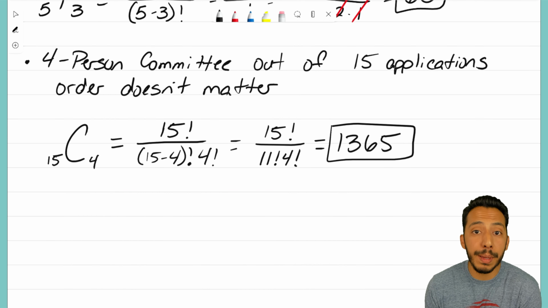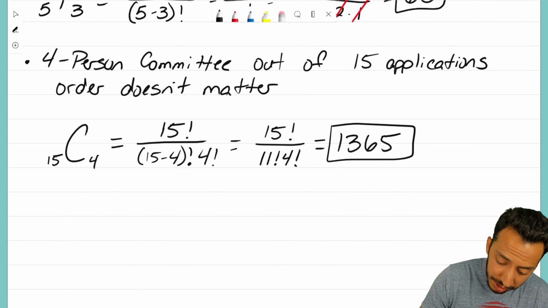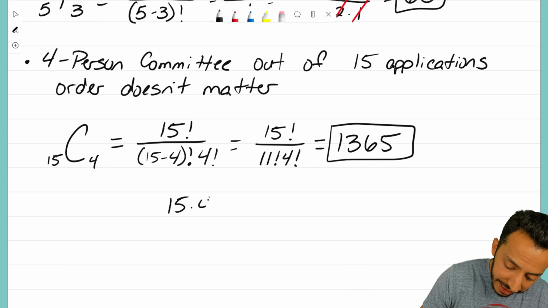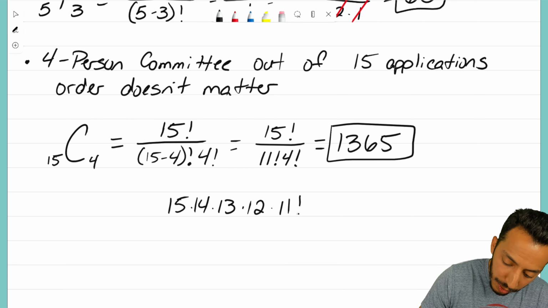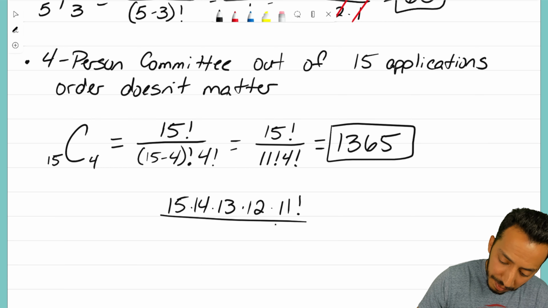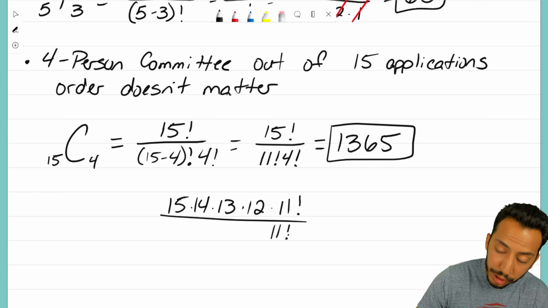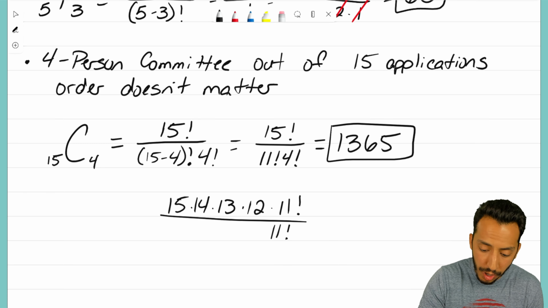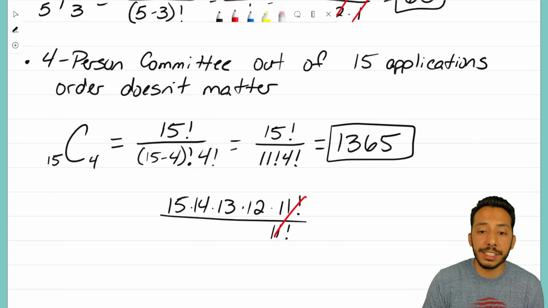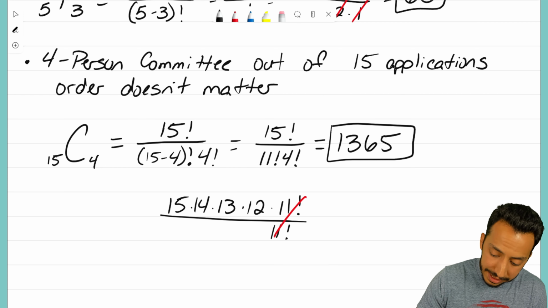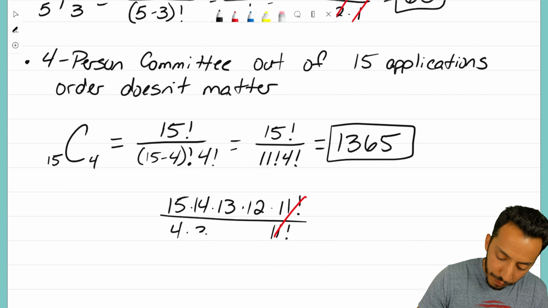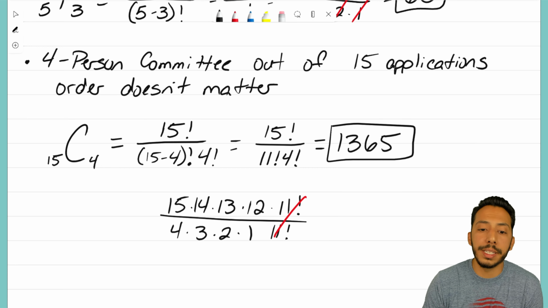Maybe some of you like solving it by hand. Well, if I really wanted to solve it by hand, I could start to write this out. 15 times 14 times 13 times 12 times 11. Notice I'm going to stop there because I already have an 11 factorial. I'm going to slide it over to the right because I know that those are going to cancel. On the bottom, I'm still going to have a 4 factorial: 4 times 3 times 2 times 1.